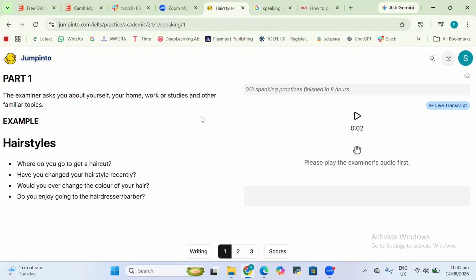Whenever you see any question, you first need to understand which tense that question is in, and then you should try to answer in the same tense. Or maybe sometimes you use another tense as an example.